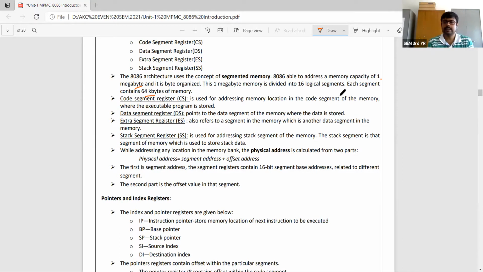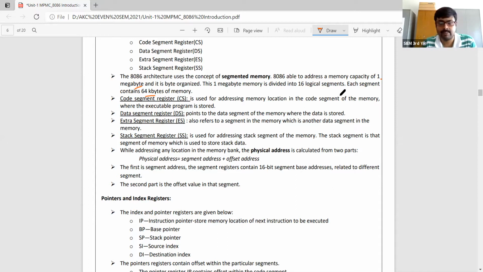That is the new information that we are extracting from this portion. So the 8086 is able to address a memory capacity of up to 1 megabyte, and from the structural point of view, it is byte organized.